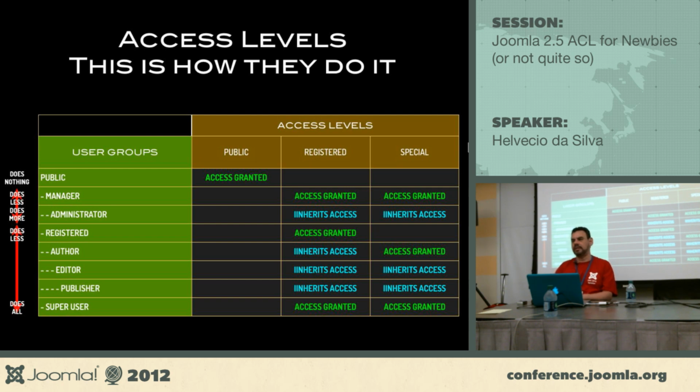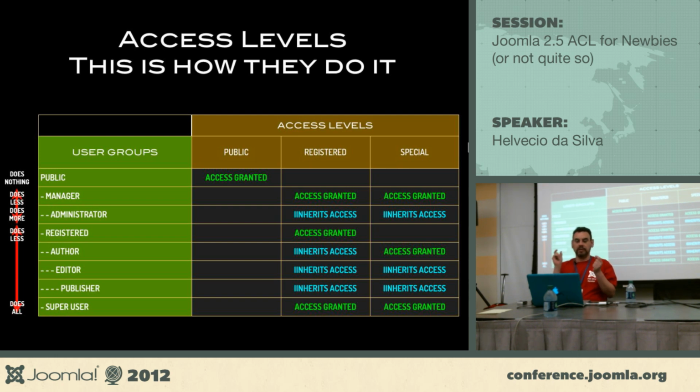The first time I saw this, I thought, okay, public does nothing. Super user does everything. So the ones in between, they should be working. But it's not in order.